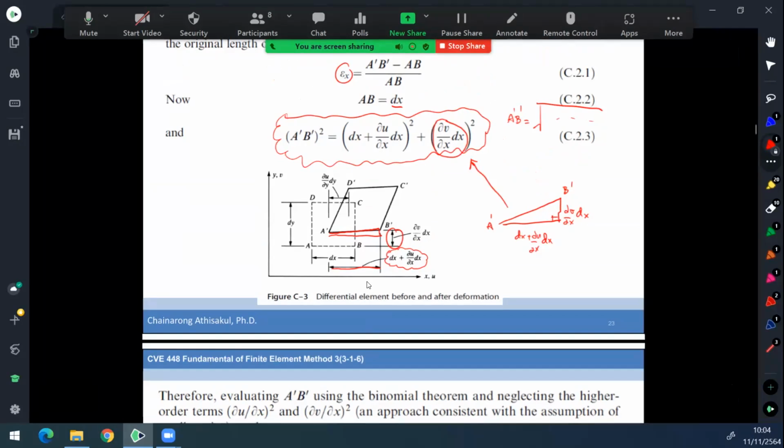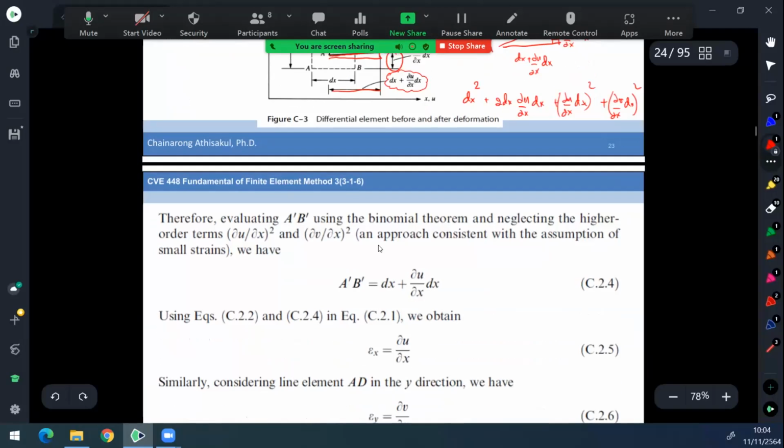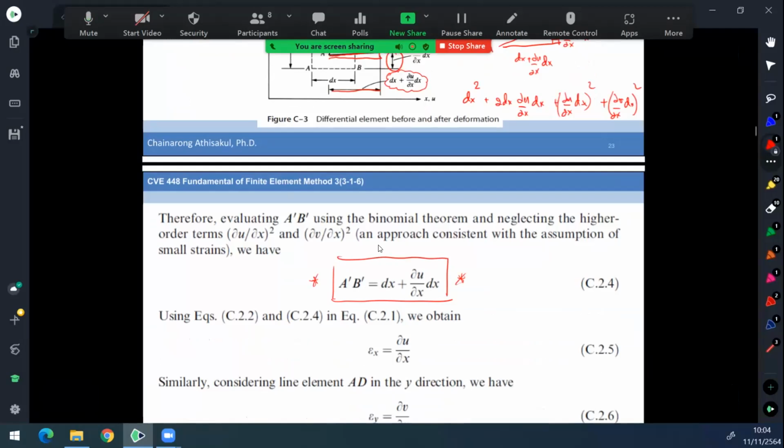If you consider this term, it is maybe like dx squared, plus 2dx partial u by partial x dx, plus partial u by partial x dx squared, plus partial v by partial x dx squared, and then after you take the square root. So we will see that we may consider just only the term that we focus on. After we linearize, we can simplify A prime B prime to be just only this term for the linear case when we use the binomial expansion.